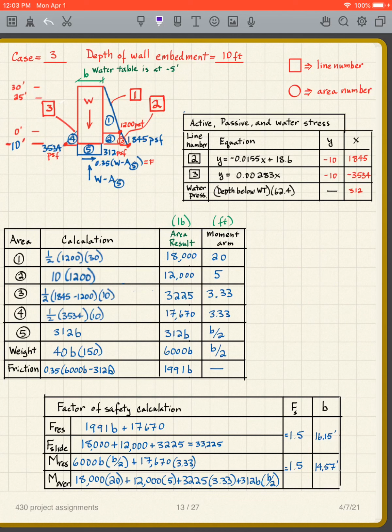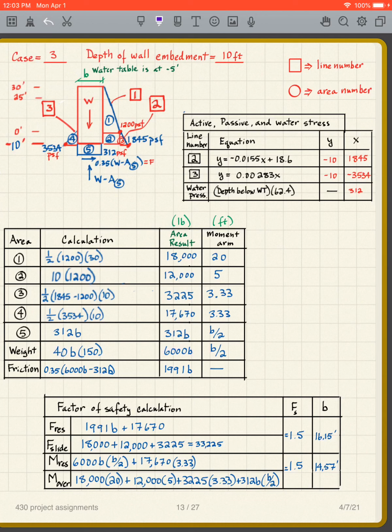The vertical is 40 feet, the horizontal is B, and perpendicular to the paper is 1 foot. I guess I didn't even write the 1 foot. So to get the weight of the concrete, we have 40 times B times 1 foot perpendicular to the paper times 150 pounds per cubic foot. That gives me 6,000 B.